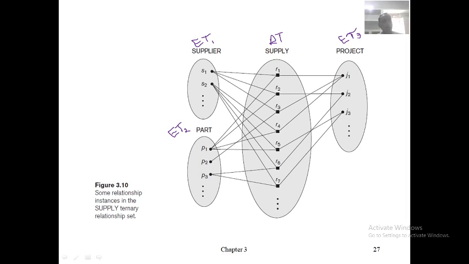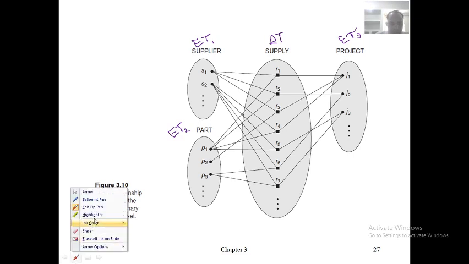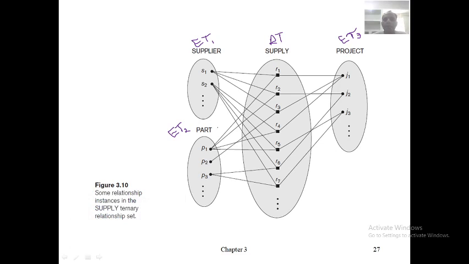Now, see here. There are 3 entities participating in the supply relationship. Such a relationship is called a ternary relationship. Got it? How are these related? Let me explain. See here, there is one supplier.